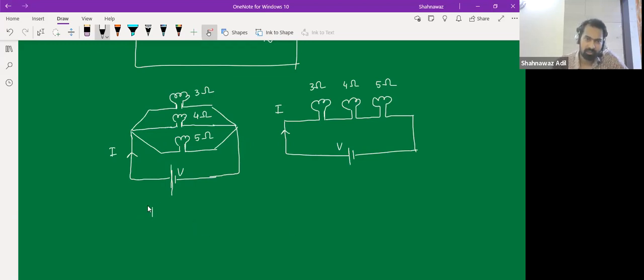So we have the first case, which is the parallel case, and this one is the second case. Now Maria and Aisha are not replying, so let us direct the question to Aisha. Aisha, what is the same in parallel combination?